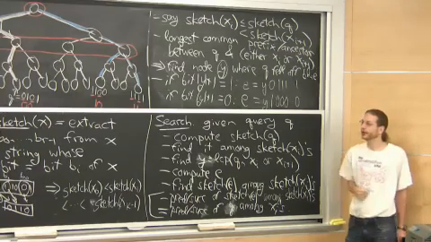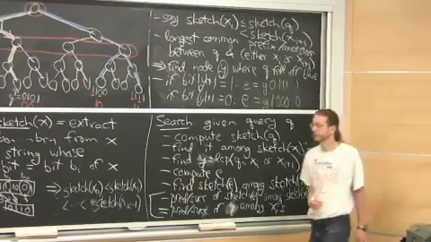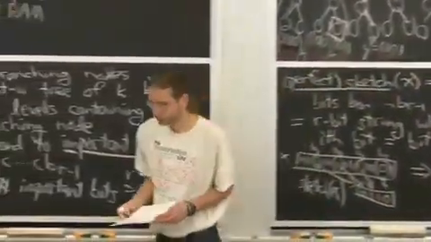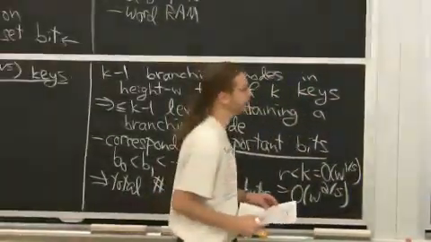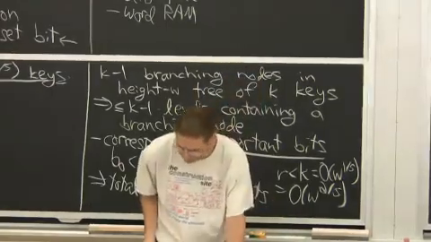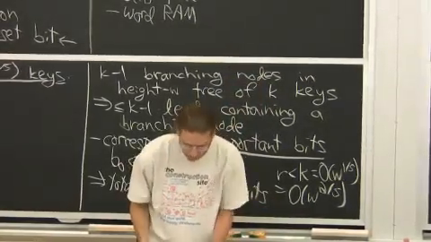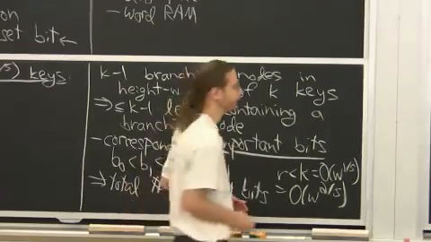So in terms of that rank i, the index in the array. Does that make sense? This is the big picture of fusion trees.